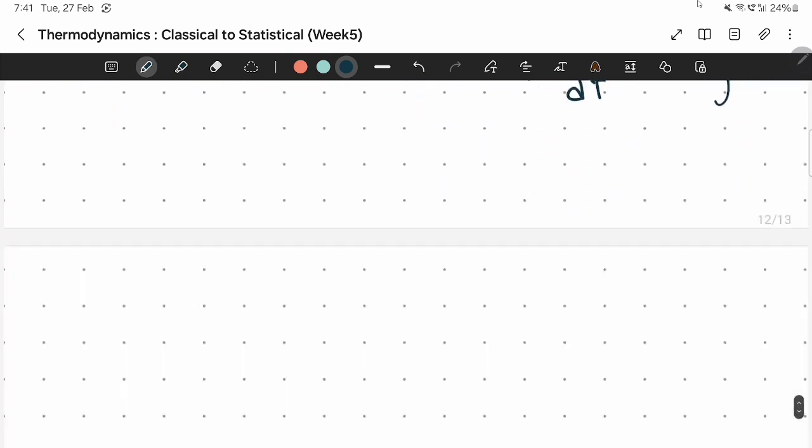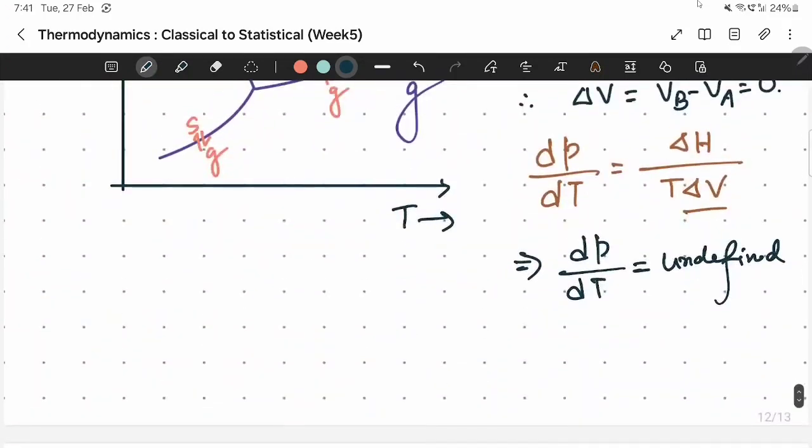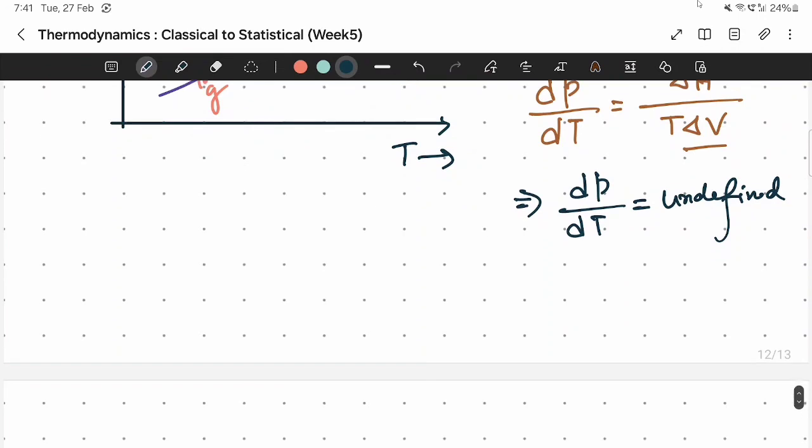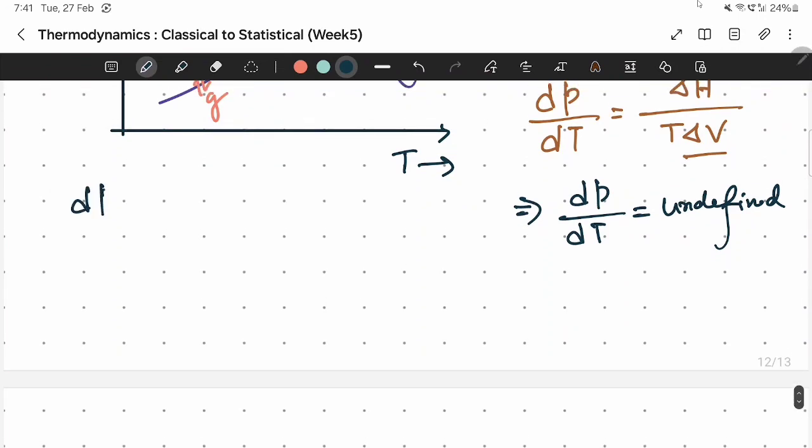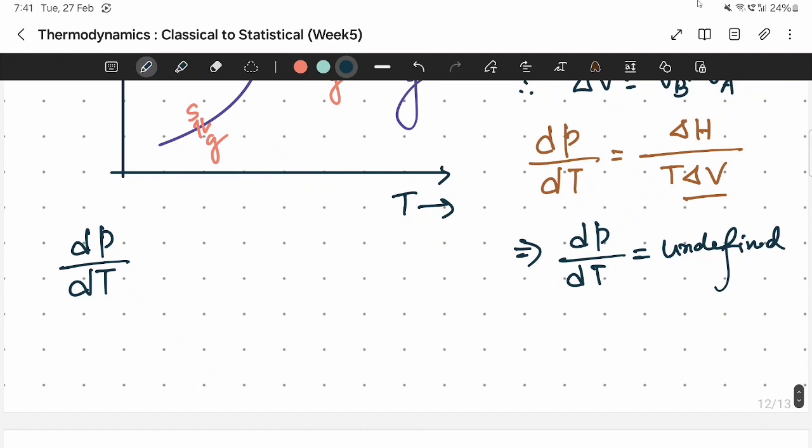Okay. Now if the slope is undefined, let me use del P del T. Del P del T is the slope of the pressure-temperature plot. So we know slope m is tan theta, correct?